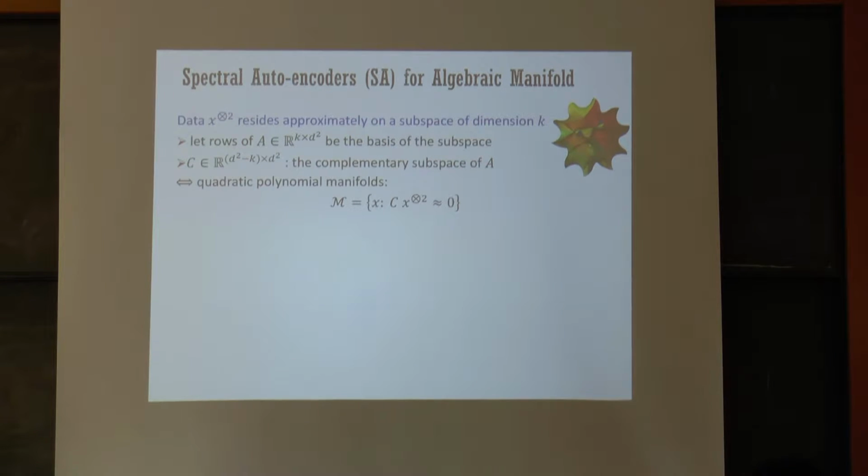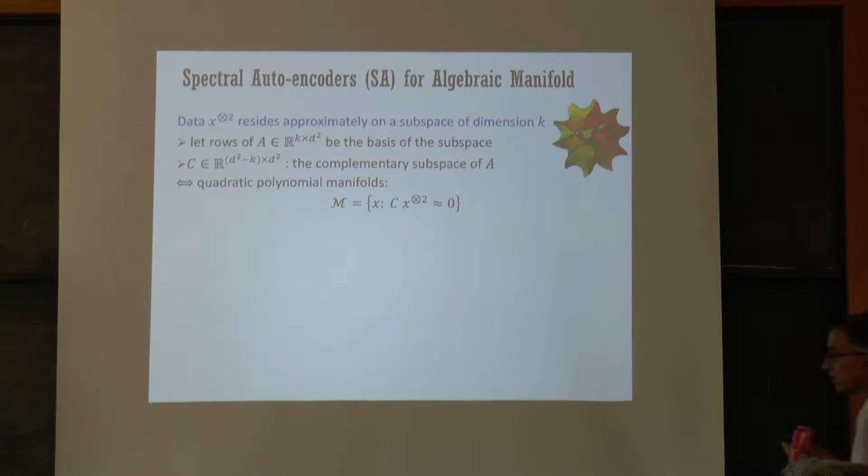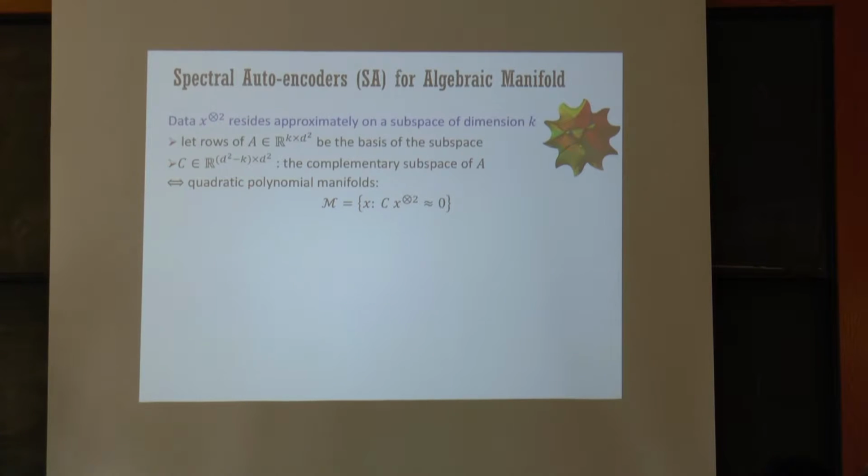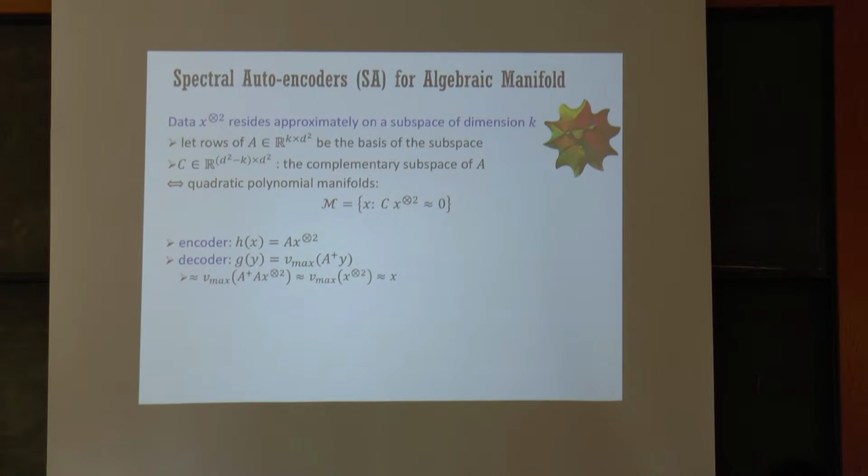Then this scenario is equivalent to the scenario that all of your data resides close to some algebraic manifold of degree 2. Basically x to the tensor power 2 will vanish on the complement subspace. So that's why we call it the algebraic manifold.